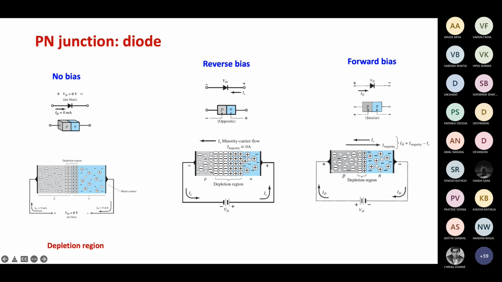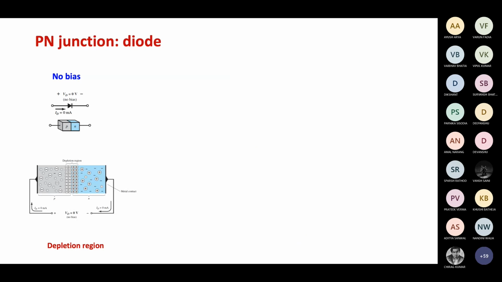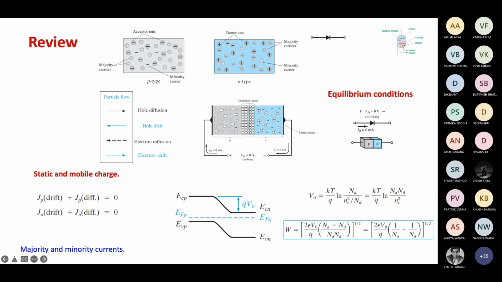So this is the picture here, and as I told you, this drift current is because of the minority carriers and diffusion current is because of the majority carriers.